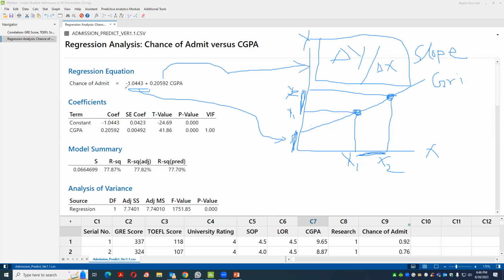So the meaning of this equation is that chance of admission depends on this intercept and this slope. This is for only two variables. We are just doing simple regression, meaning one dependent variable and one independent variable. Chance of admission is the dependent variable, and GPA or CGPA is the independent variable.